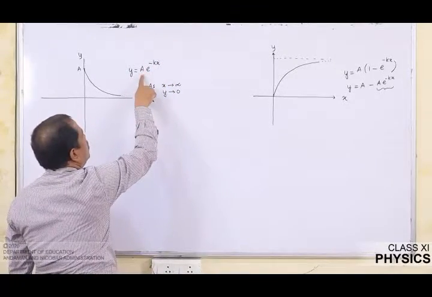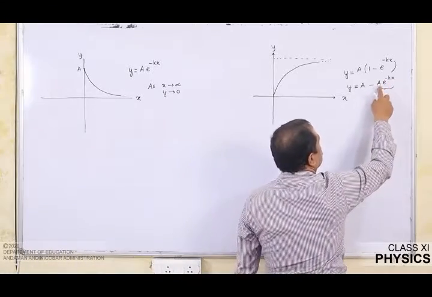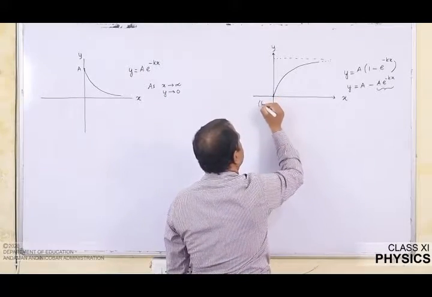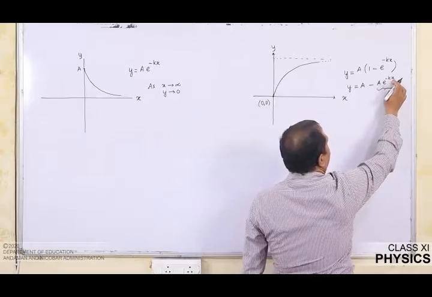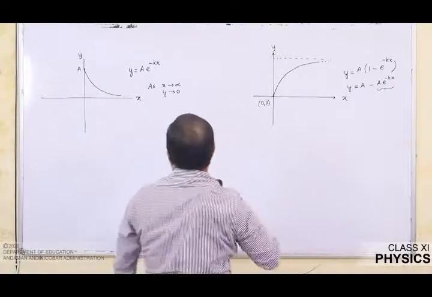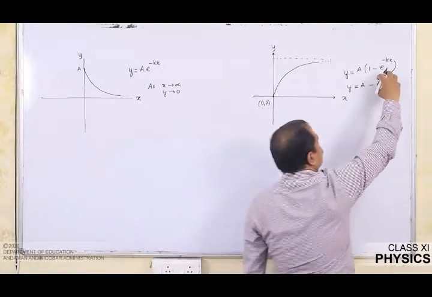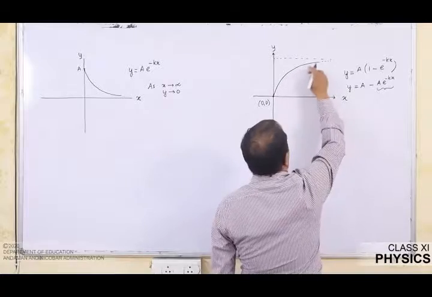So, y happens to be a minus a, which is 0. So, this is at the origin when x is equal to 0. As the value of x is increasing, we see in this graph the value of the decaying term decreases. This value as a whole is decreasing and y is increasing gradually.